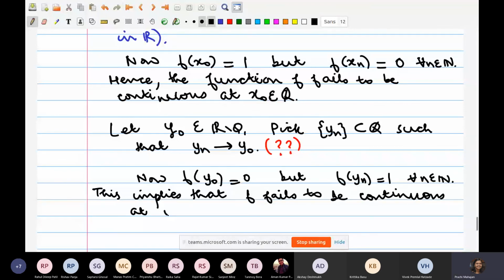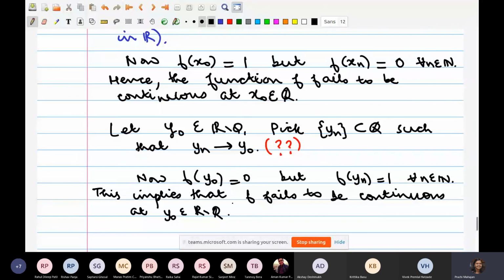Yeah, so why is this the case? Here I have a sequence of rational numbers yn converging to y naught such that the corresponding image sequence f of yn does not converge to f of y naught. So f is not continuous at y naught. And since y naught was any arbitrary irrational number, f fails to be continuous at every irrational number.